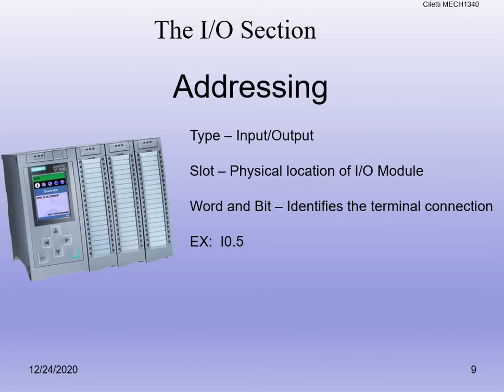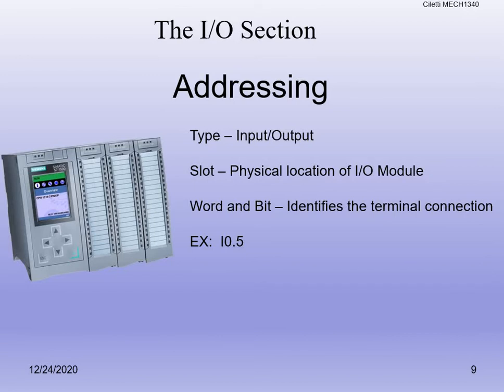Once we get to 0.7, then we start over and we go 1.0, 1.1, 1.2, 1.3, 1.4, 1.5, 1.6, 1.7. Then we start over at 2.0, 2.1, so on and so forth. So that's how we're identifying this. This example here is input 0.5. If it was an output, we would call it like Q5.0.